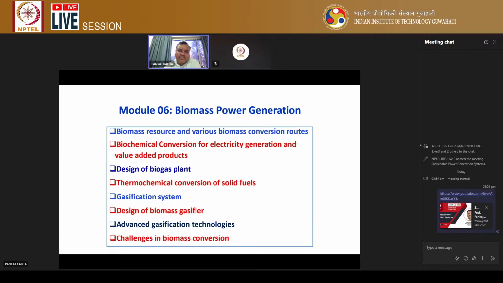Then we discussed the design of the biomass gasifier, advanced technologies associated with gasification technology, the challenges of handling biomass, and biomass conversion systems as a whole.